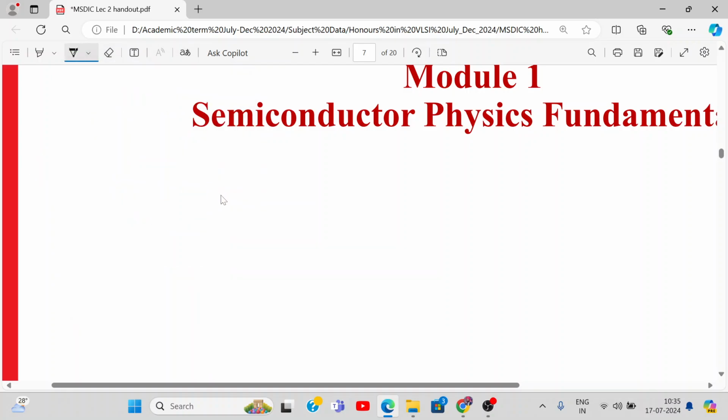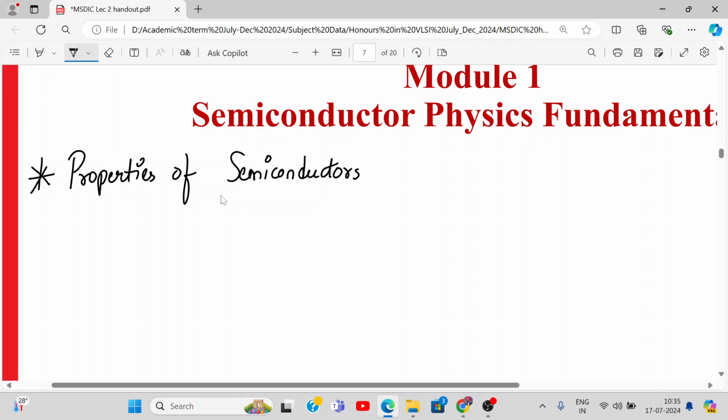First will be the very important properties of semiconductors. Why they are so versatile.